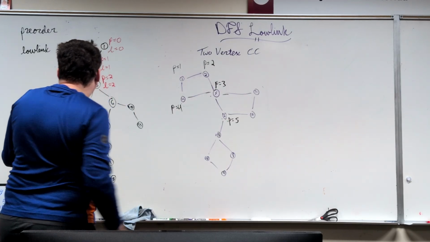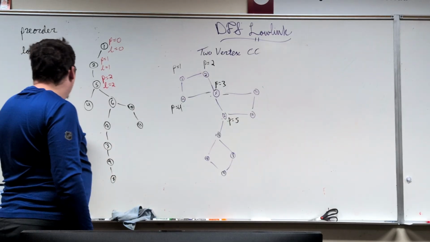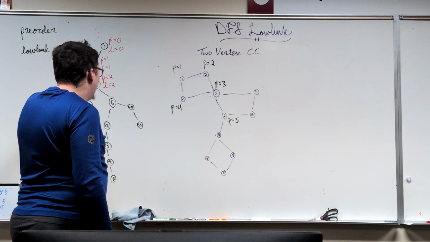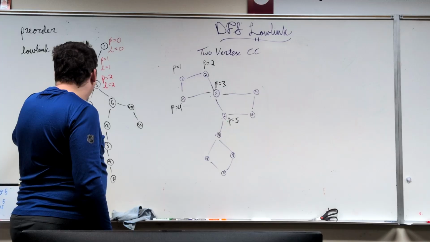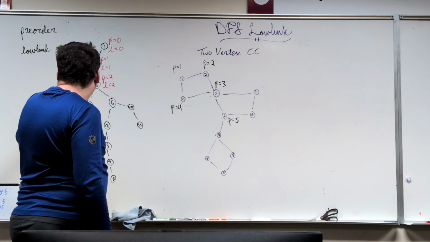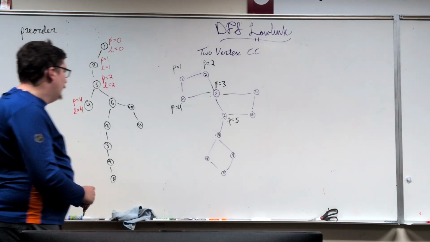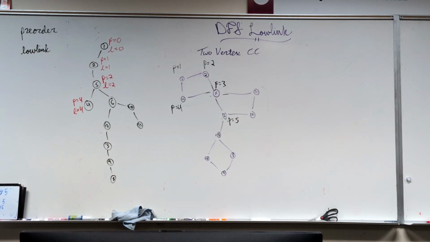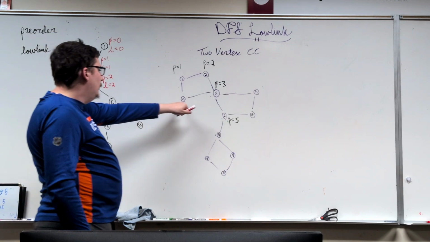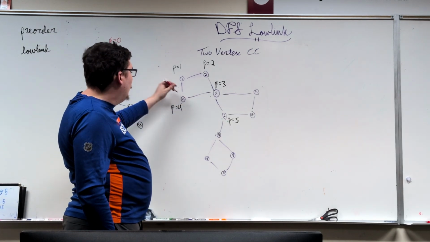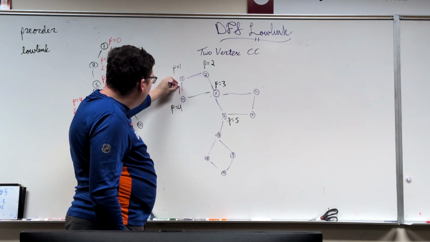We go to 4, and we say that 4's pre-order is 4. But now, when we are at 4 and we try DFSing, we're going to try visiting this edge here.